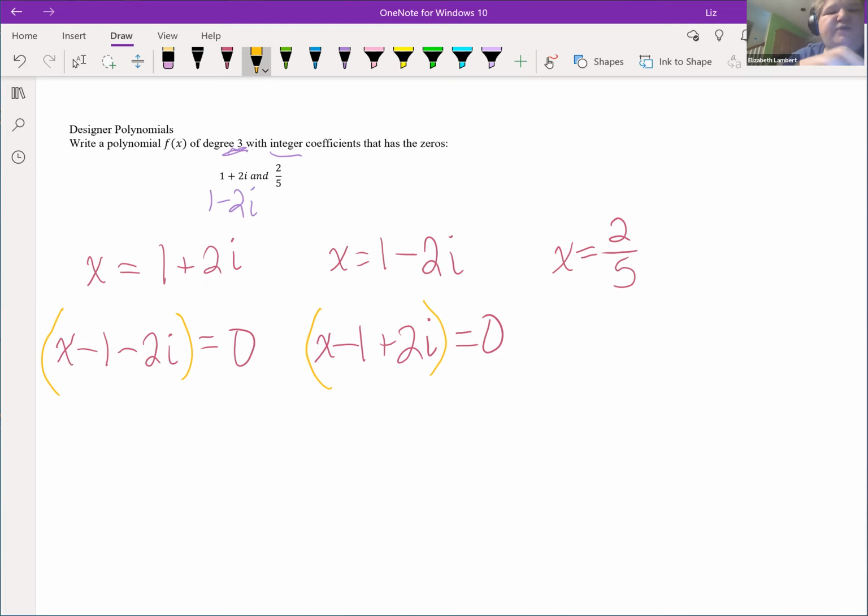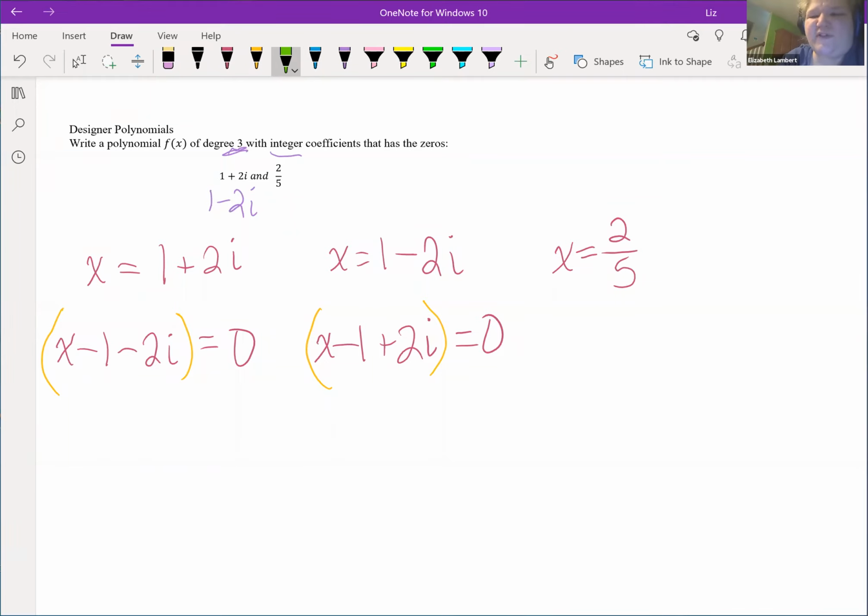And then this last guy over here, a little more interesting. So I could just move the 2/5, and that would be one way to write a linear factor. But the problem is then I have a fraction. And in the problem stem, I said integer coefficients. So if I multiply through with that fraction, I'm not going to have an integer coming out. So what we're going to do first is think about how I would get 2/5 normally. Why do I divide by 5?